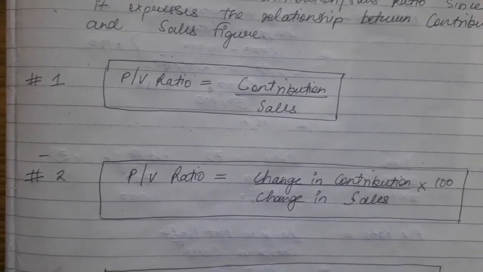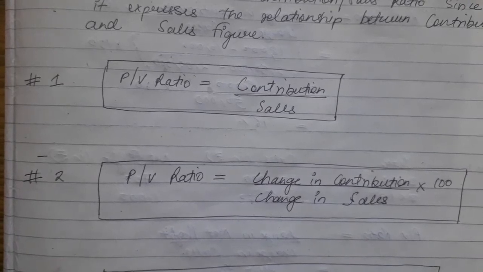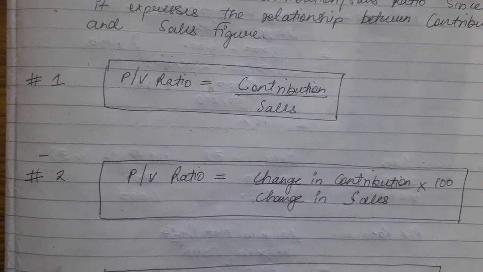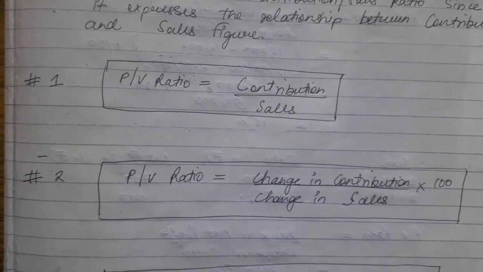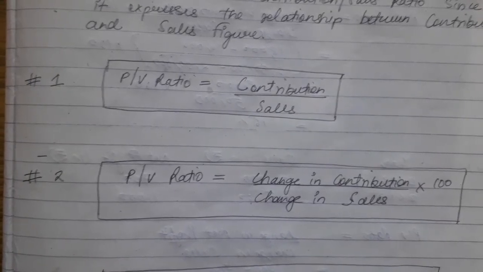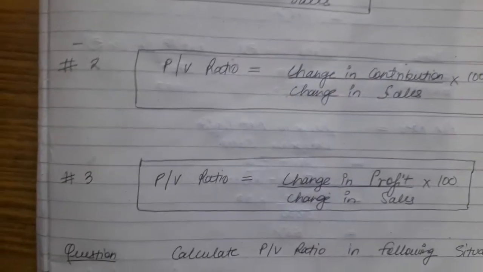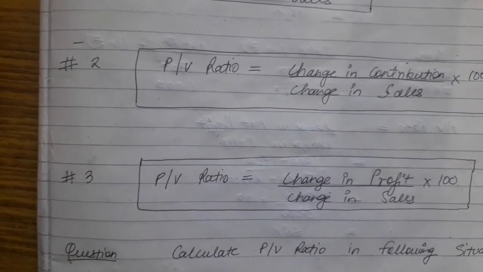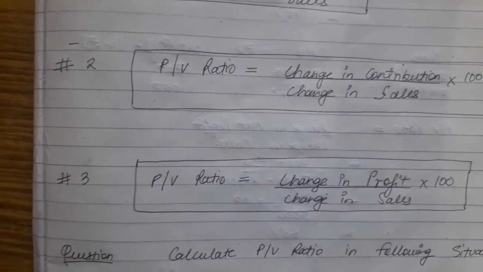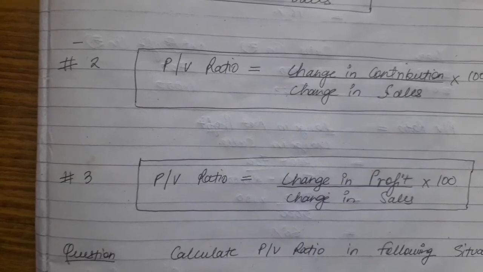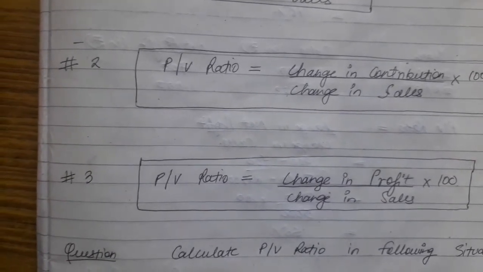Basically we have to calculate the increase or decrease in contribution and in sales to calculate this PV ratio. And the third formula is PV ratio is equal to change in profit upon change in sales into 100. This formula is also used when the profit figure and sales figure are given for two different years.